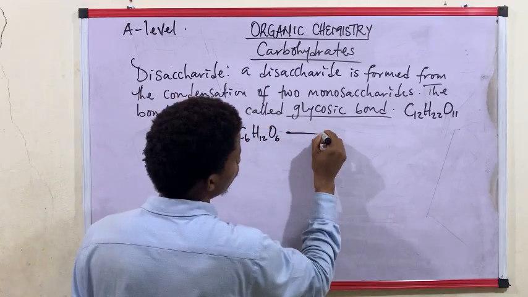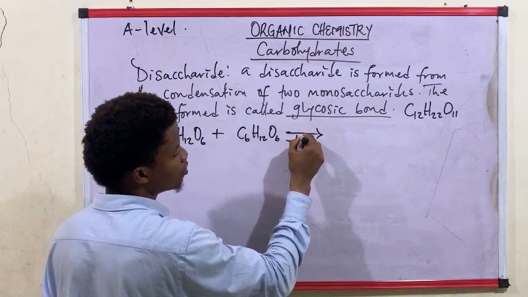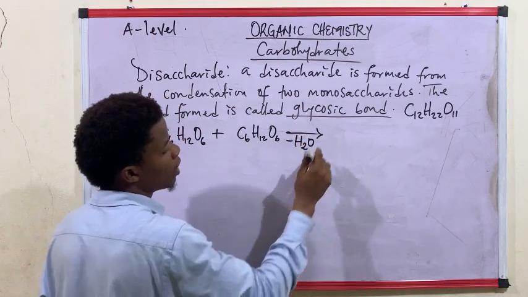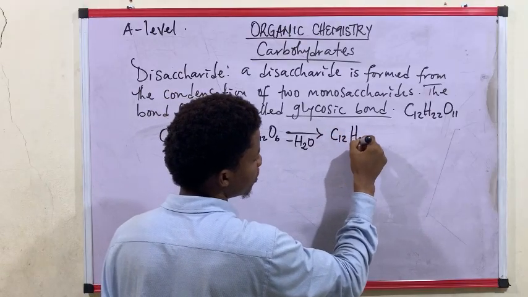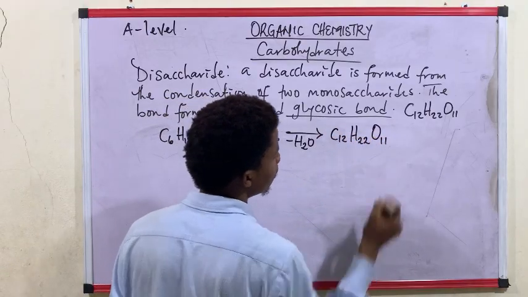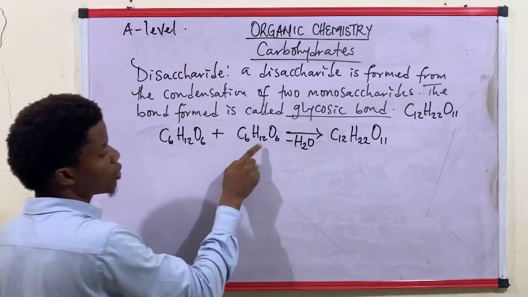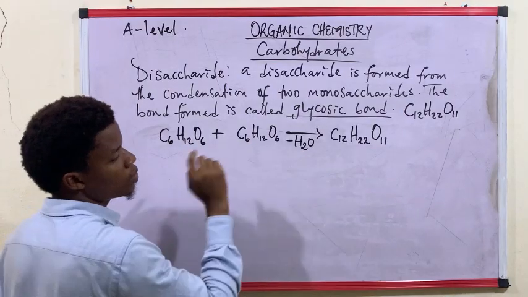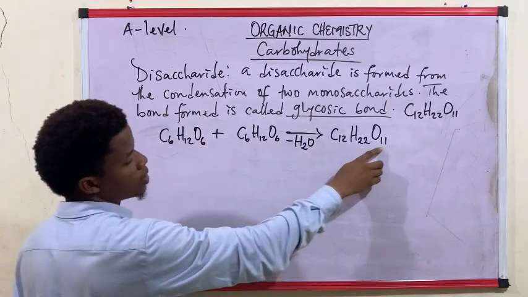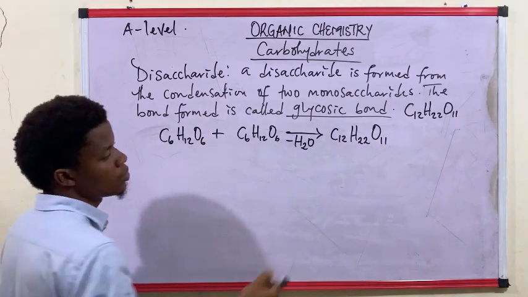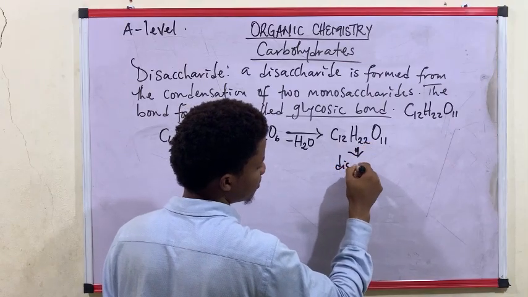Now a water molecule is removed, and we have C12H22O11. So you discover instead of 12 plus 12, 24, we remove 2, so that is 22. Instead of 6 plus 6, 12, remove 1, so that's why we're having 11 here. So this is a disaccharide.